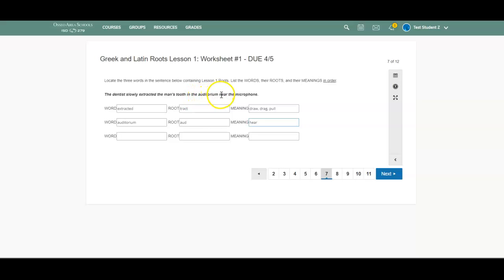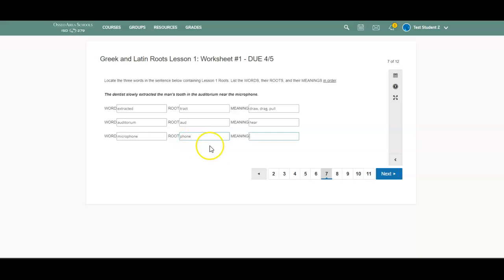Continuing through the sentence a little farther, I see microphone. Well, phone was one of my roots, so that must be my final word. Microphone goes in the word blank. Phone, and I do include the E because the E was in the word.